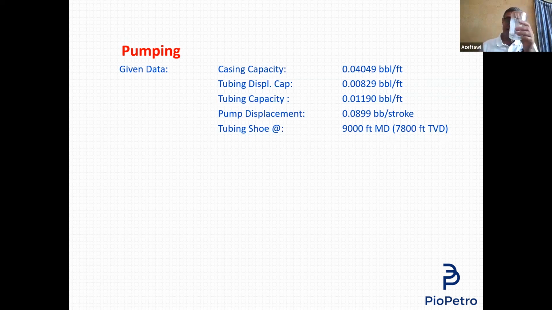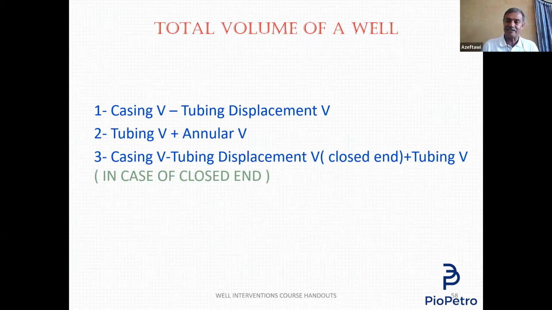To calculate the total volume of the well, there are 3 ways to go. Let us go through the 3 ways. The first method is what we just discussed: the casing volume, which was 500, minus the tubing displacement volume, the 50 that went out. 500 minus 50 is the total volume of the well.